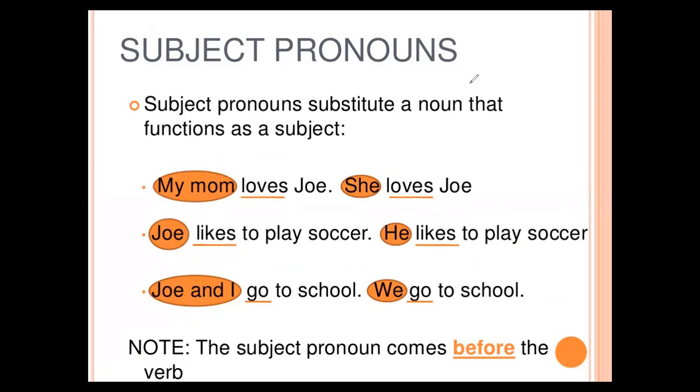Okay. Subject pronouns, what does it mean? They substitute a noun that functions as a subject, which means what? If you can remember the drawing that I drew, if I'm making a sentence, I make it as a burger sandwich. You remember? First we need the bread. The bread, we call it what?